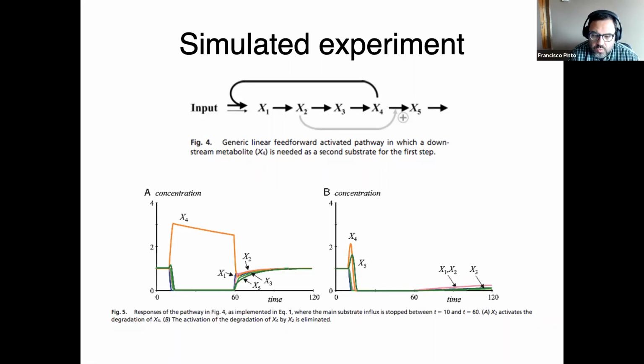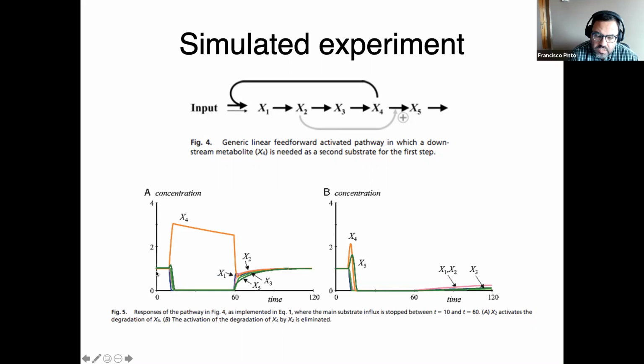In these two plots, A and B, the two simulations are shown. The first is the simulation of the system with the interaction present, where parameter H42 was greater than 0. And in this simulation, the interaction was not present, so H42 was equal to 0.